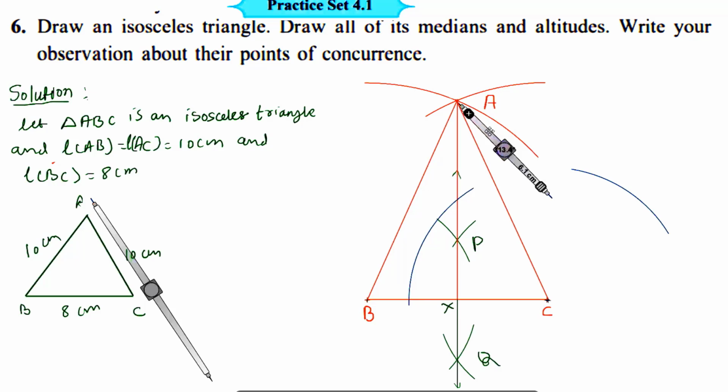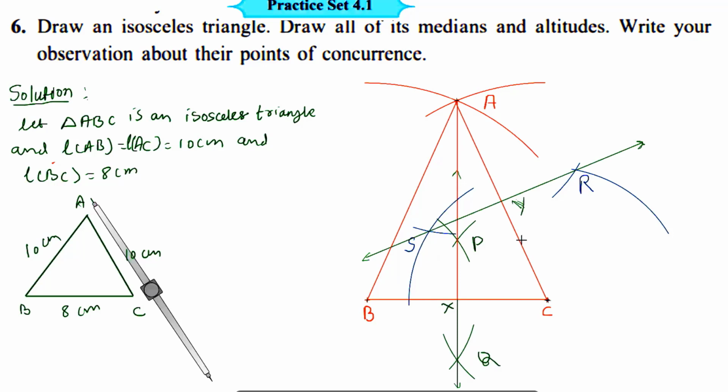Draw the arc intersecting the first arc. We get 2 points of intersection. By the arcs, we give the names point R and point S. Join these points with the help of a ruler. Line SR intersects side AC at point Y. Therefore, point Y is the midpoint of side AC.